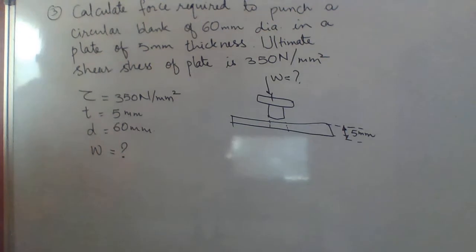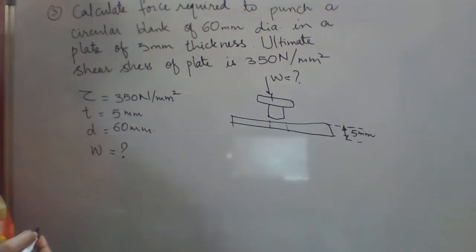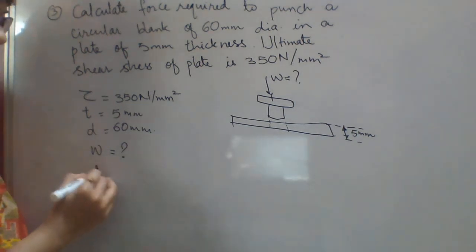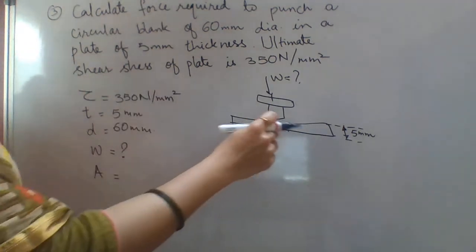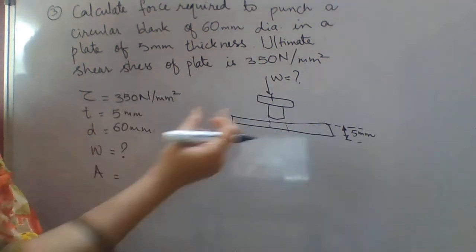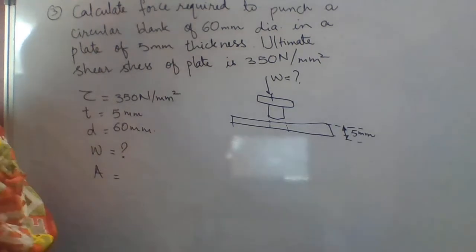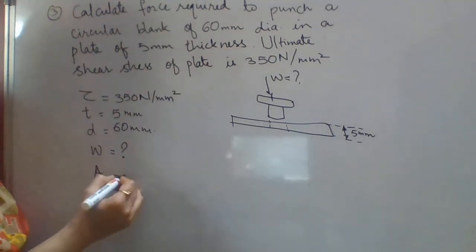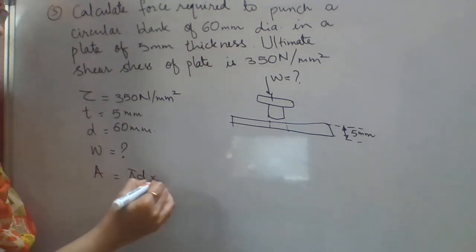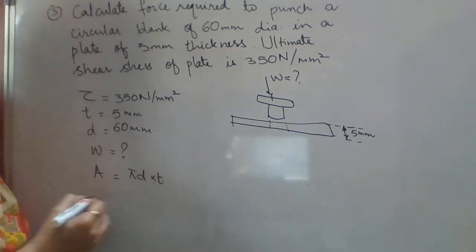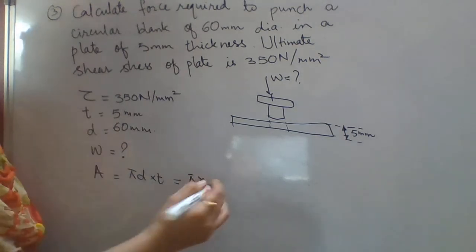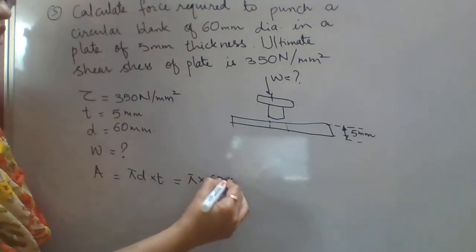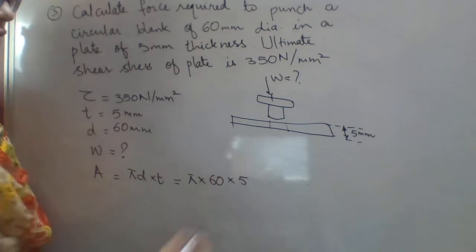Now we know that for punching shear, the area involved in punching is nothing but the surface area of the cylinder which is cut from this plate, and that area is pi d into T. That will be pi into the diameter of the hole, 60, and the thickness of the plate, 5.